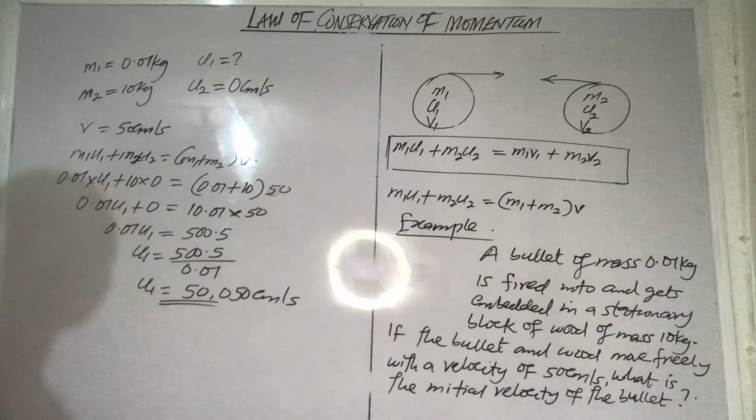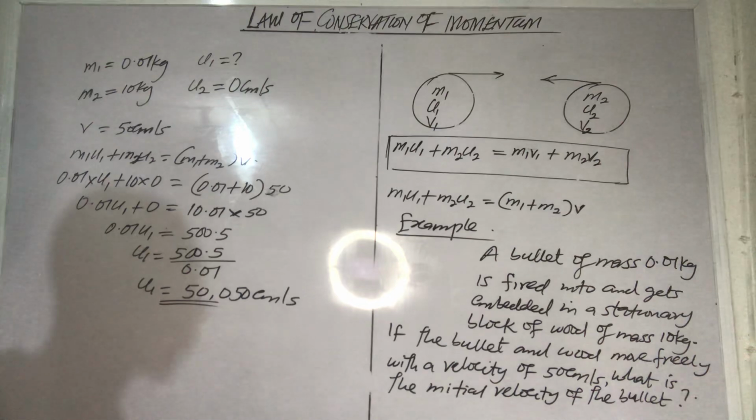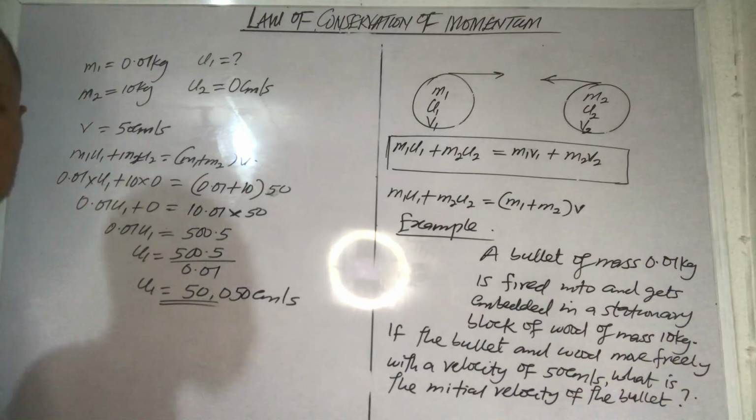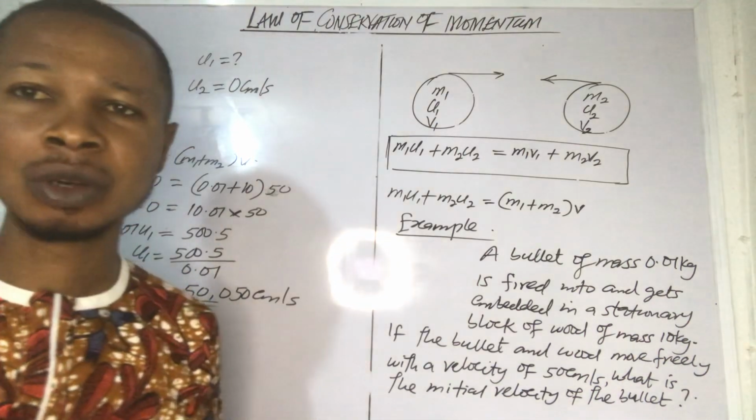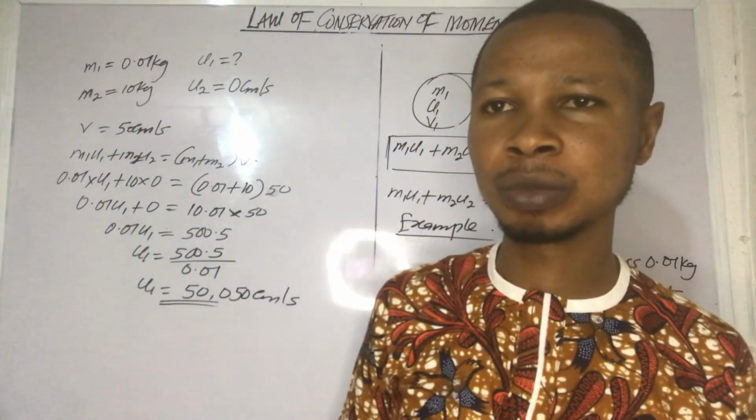So the initial velocity of the first body is 50,050 centimeters per second. This is one example of how to apply the law of conservation of momentum formula in solving questions.